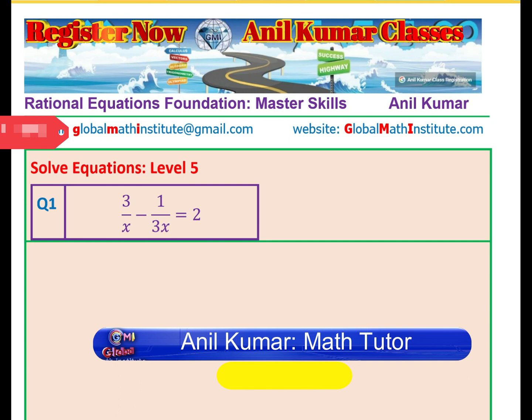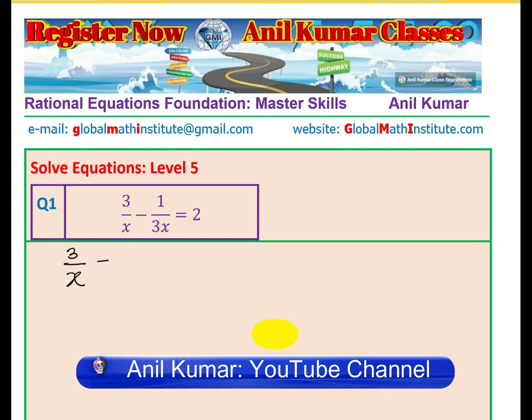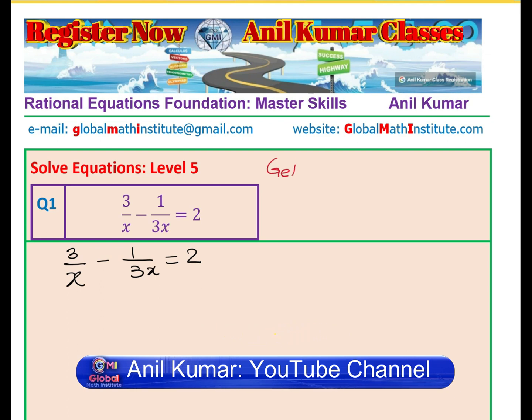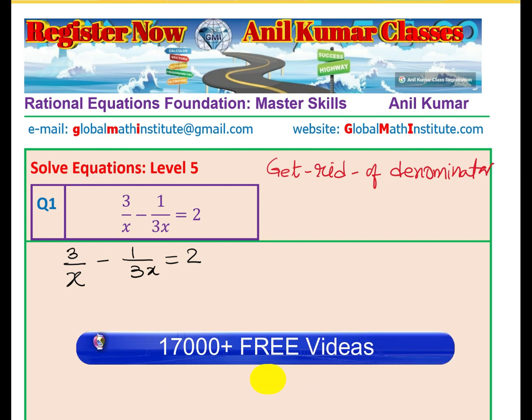So let's begin with the very first one, which is given to us as 3 over x minus 1 over 3x equals 2. Now x is in the denominator. So the strategy here is to get rid of the denominator. How can you do that? You should have only 1 in the denominator so that you work with normal numbers, not fractions or rational numbers.